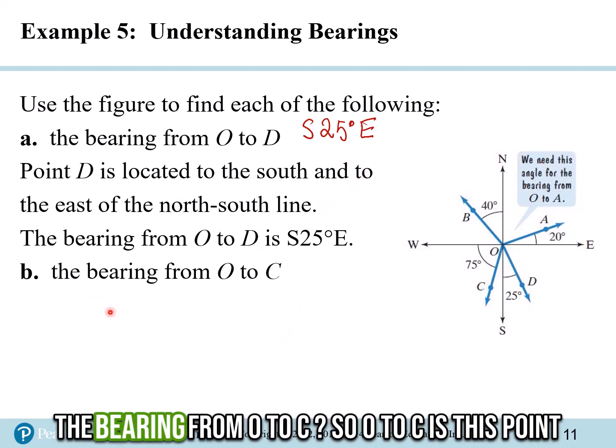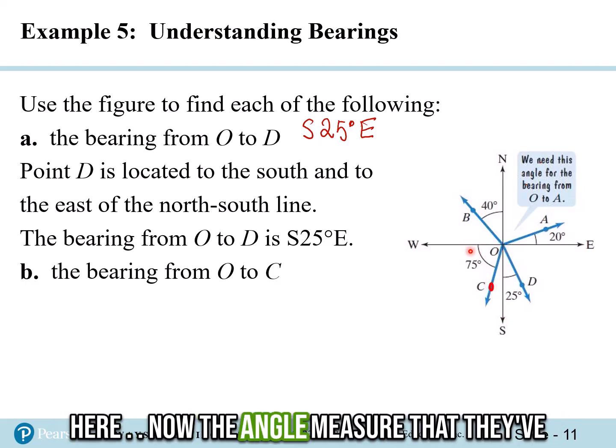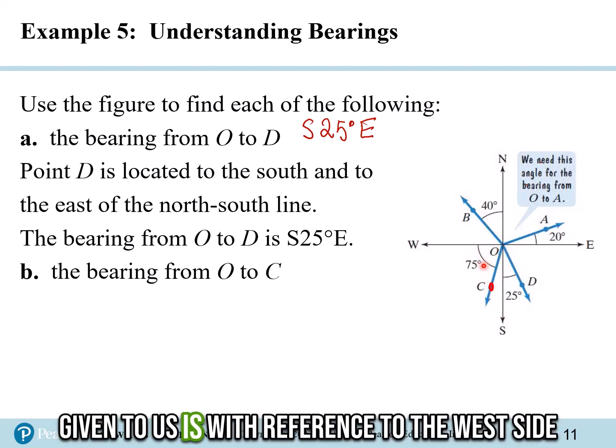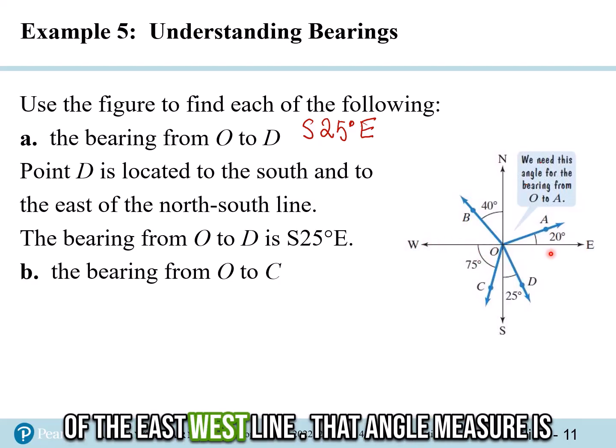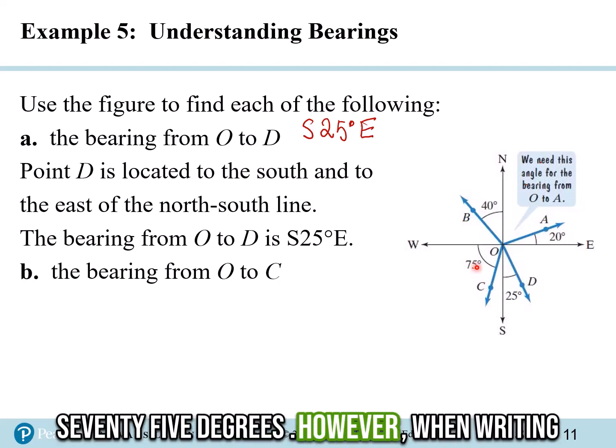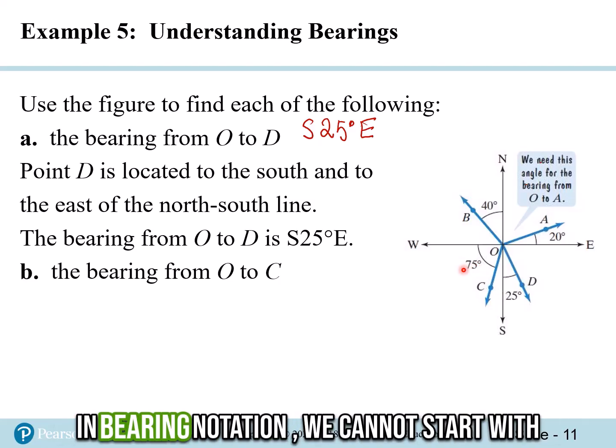What about the bearing from O to C? So O to C is this point here. Now the angle measure that they've given to us is with reference to the west side of the east-west line. That angle measure is 75 degrees. However, when writing in bearing notation, we cannot start with west.